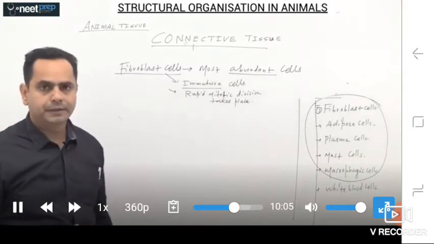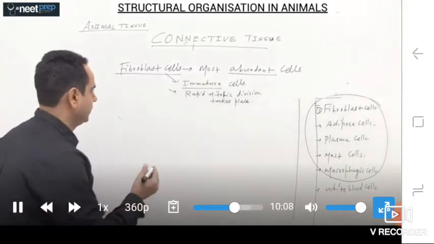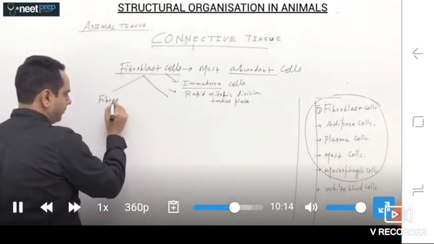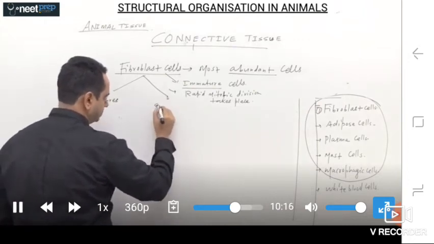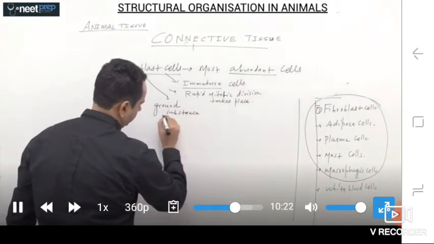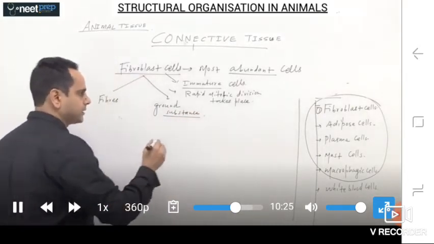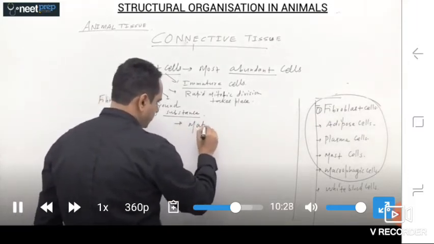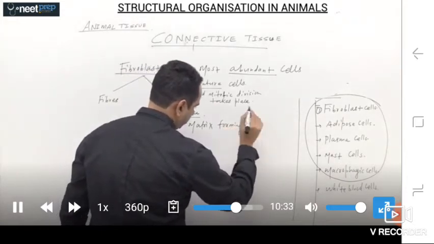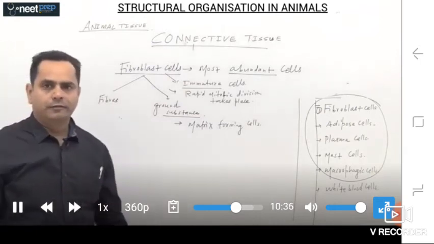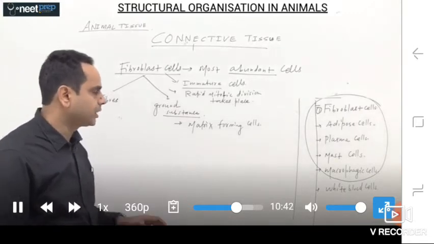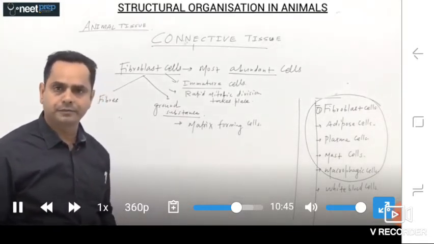And these fibroblast cells form fibers as well as the ground substance both. So basically we can say fibroblast cells are the matrix forming cells, and they are the most abundant cells of the connective tissue.